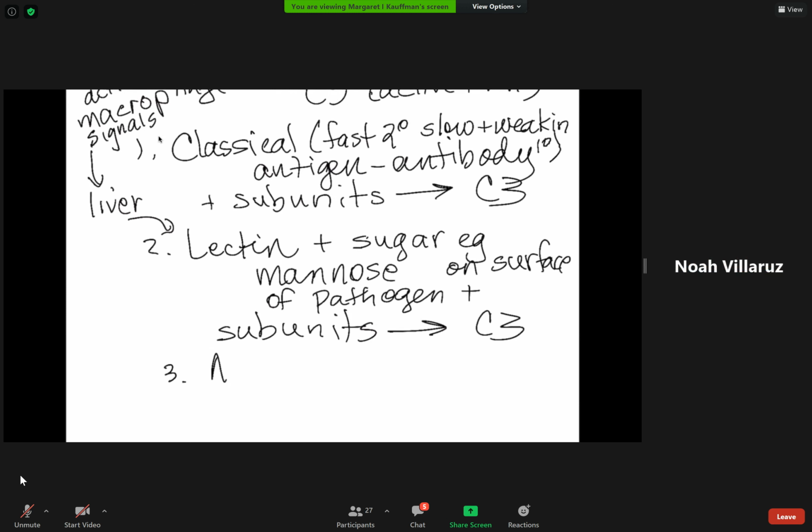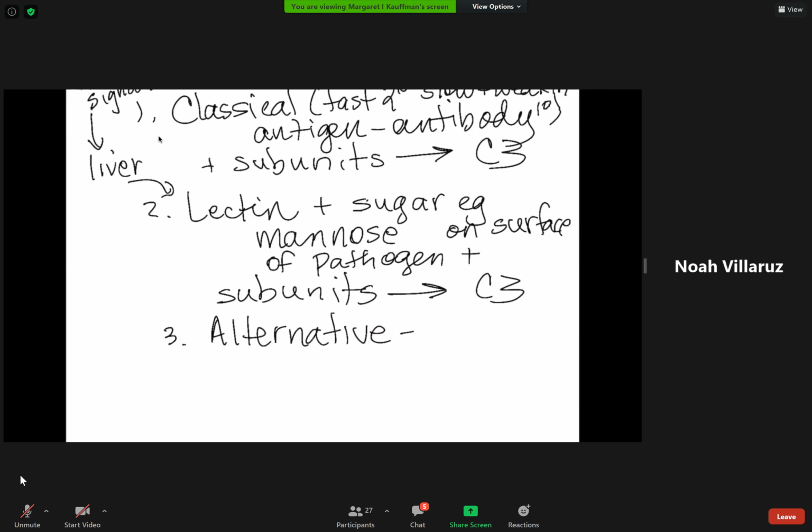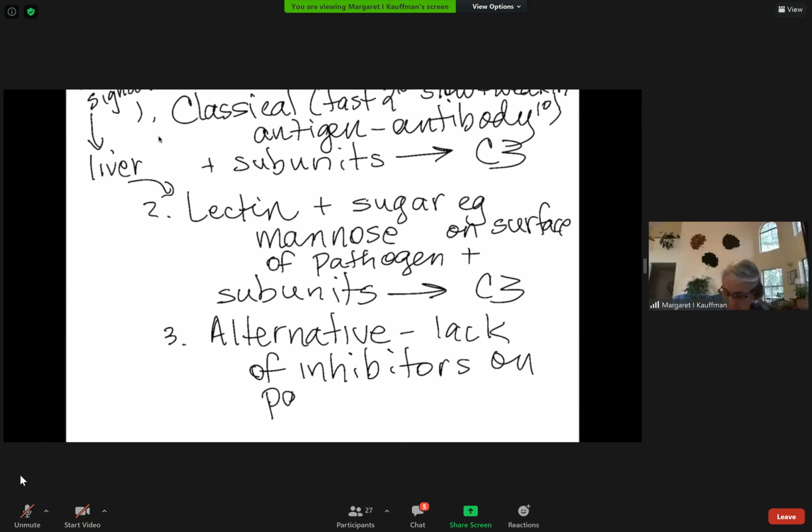It's the alternate pathway, and it's activated spontaneously because there's a lack of inhibitors from microorganisms. It's pretty much like a hair trigger. Once there's a lack of inhibitors, it pretty much just goes off. Okay. So our own cells suppress this pathway.